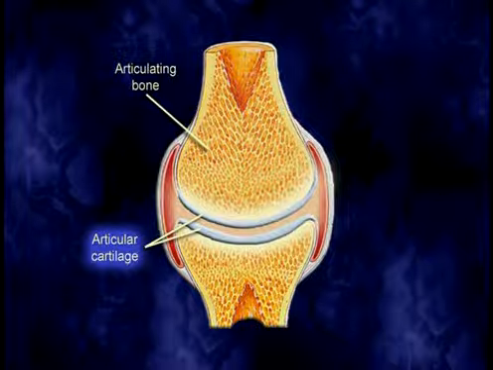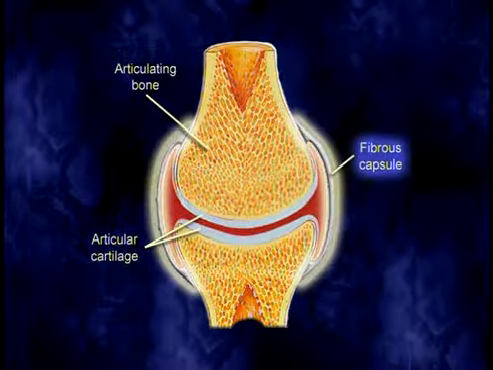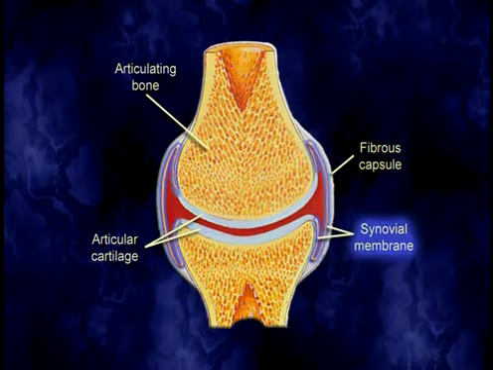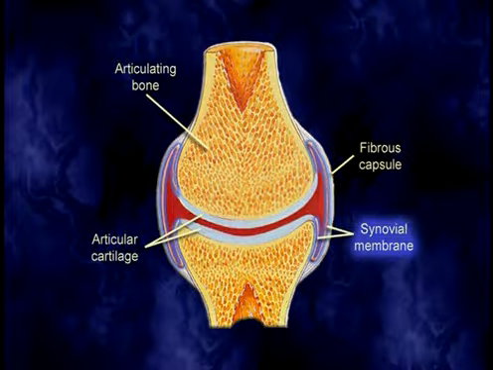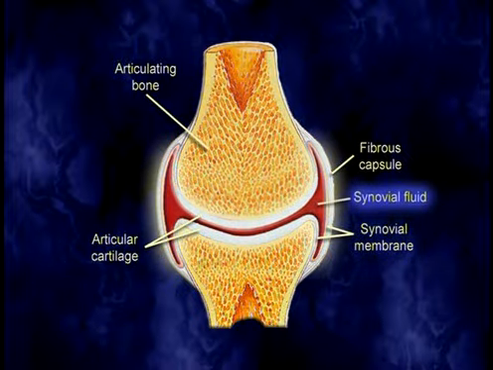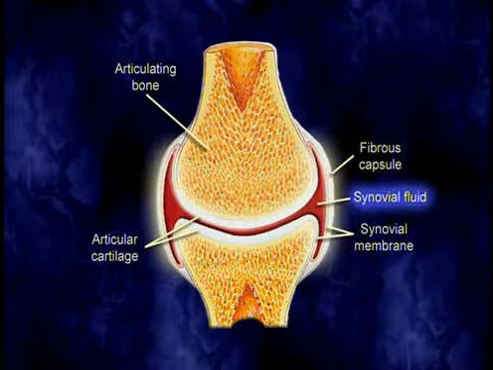On the outside, we have a fibrous capsule, which attaches to the bone. Inside, we have something called the synovial membrane, a thin membrane like the visceral peritoneum. These synovial membranes secrete fluid and lubrication, synovial fluid, that can lubricate these bones.